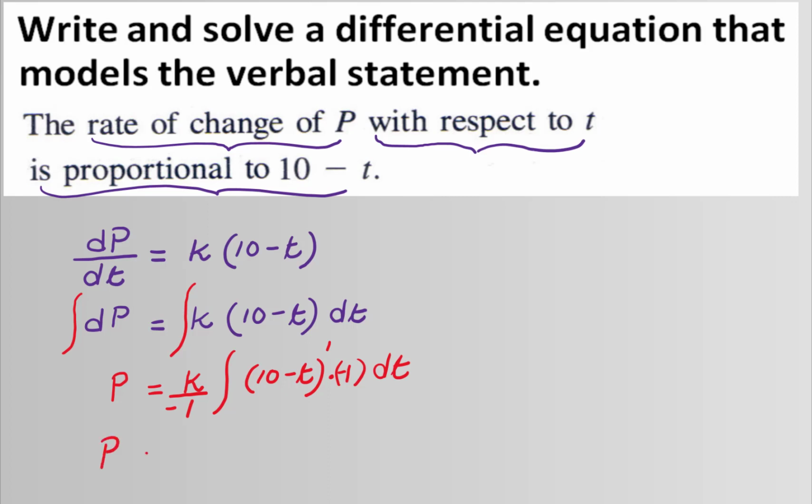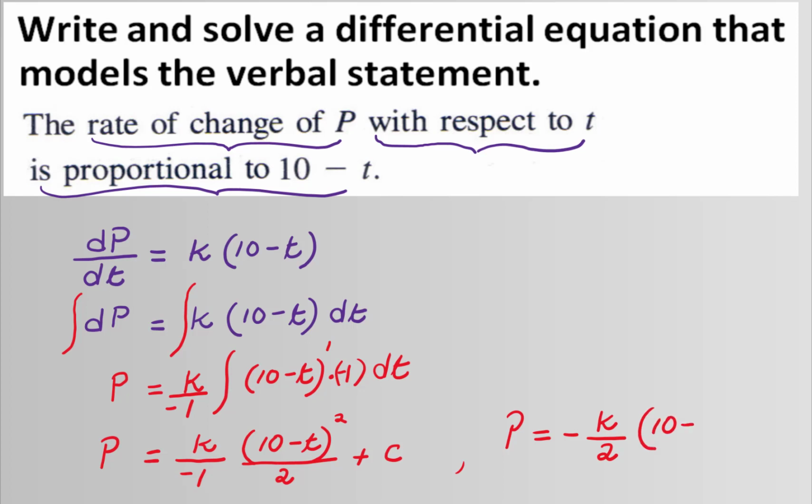Remember that we cannot break apart 10 minus t because we have to consider 10 minus t as a whole and not as a sum of two functions. We're gonna get k divided by -1 times 10 minus t squared over 2 plus c. We multiply 2 by -1, we get negative k over 2 times 10 minus t squared plus c.